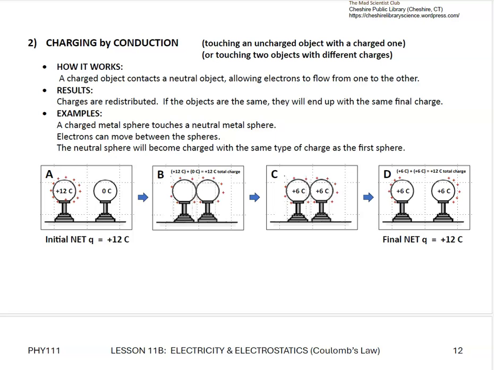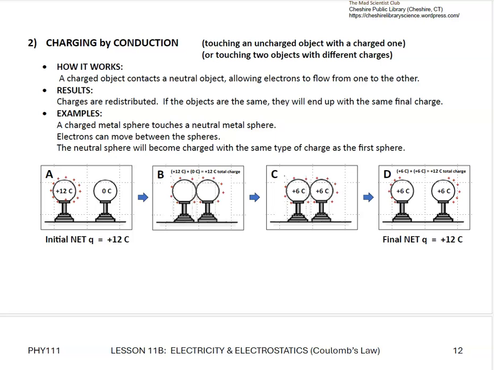Now, a little side note, you'll notice because the left ball is positively charged, when these two contact one another, it's not positive charges that are moving. Remember, it's the electrons that are moving. The protons are stuck in the atoms. They don't go anywhere. It's only the electrons that are flowing.